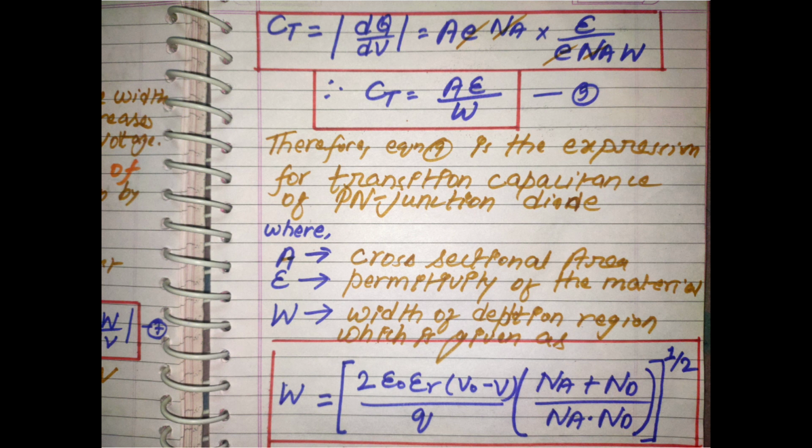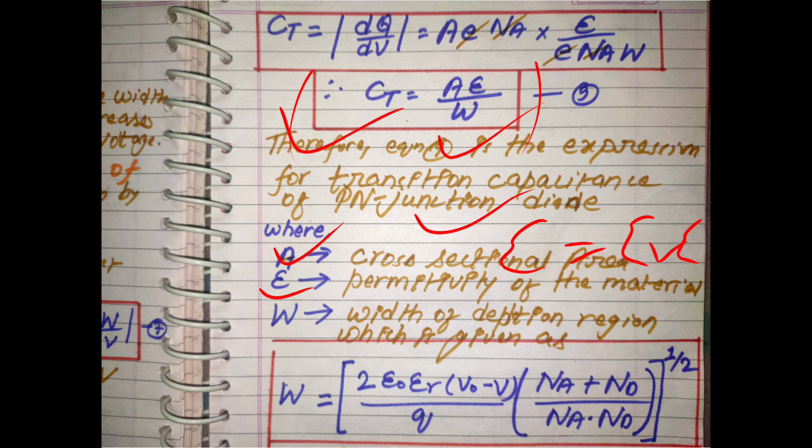If you substitute that value, the new equation will be Ct = A epsilon / W. This is our equation number 9, and this is the expression for the transition capacitance of the PN junction diode, where A is the cross sectional area and epsilon is the permittivity of the material, where epsilon = er into e0, and W is the width of the depletion region.